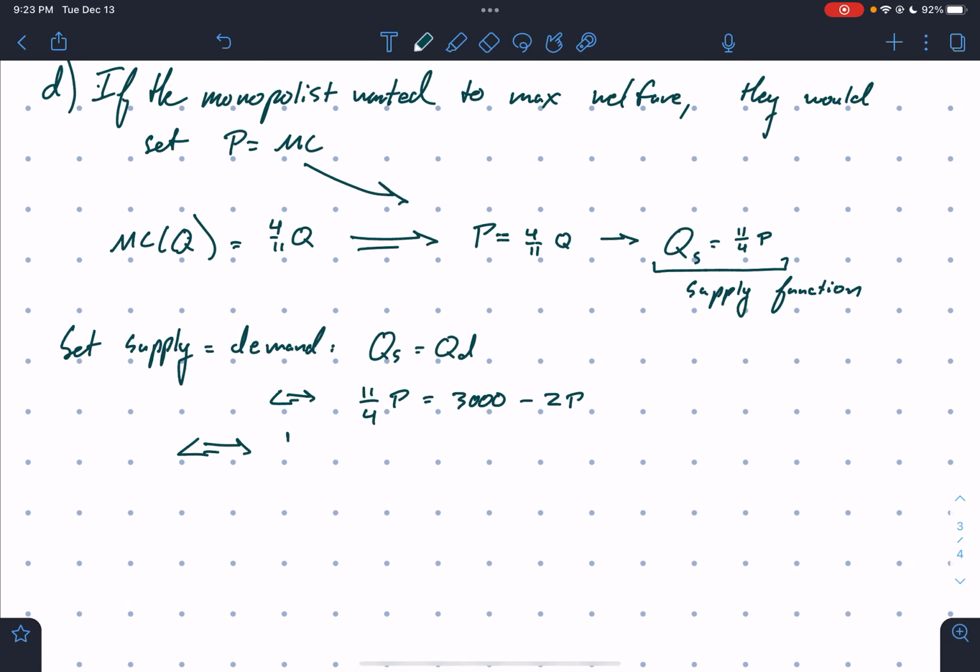So we would get 11/4 P plus 2P is equal to 3,000. So 11/4 P plus 8/4 P is 3,000. And this means that we have 19/4 P is equal to 3,000.